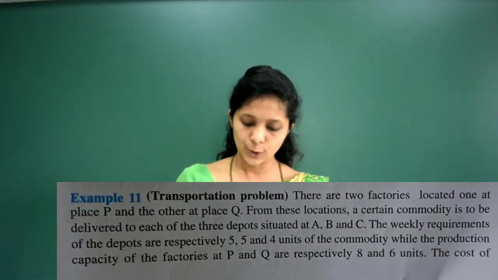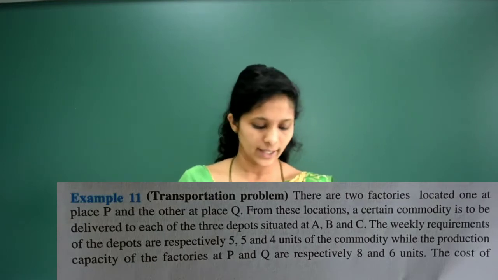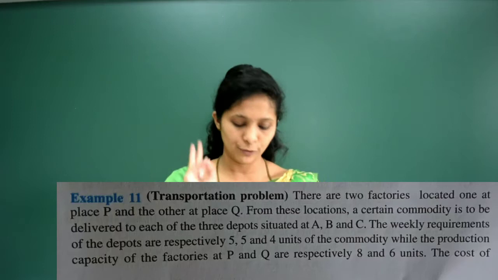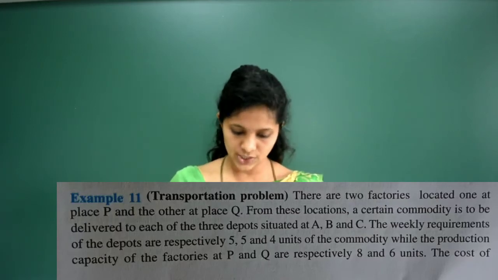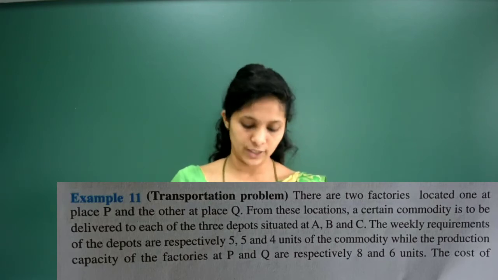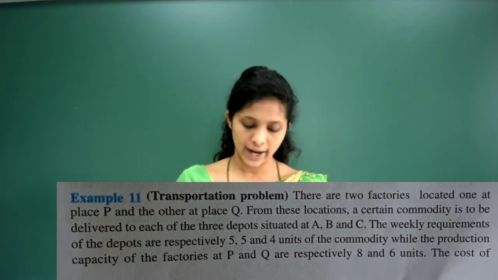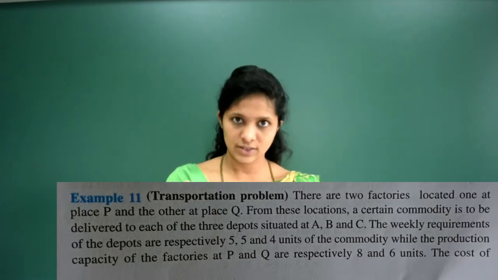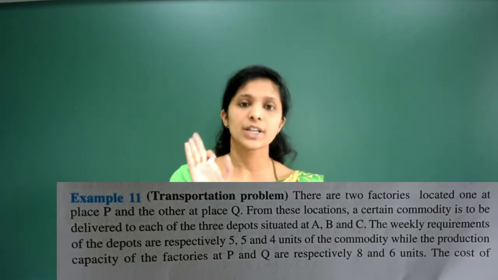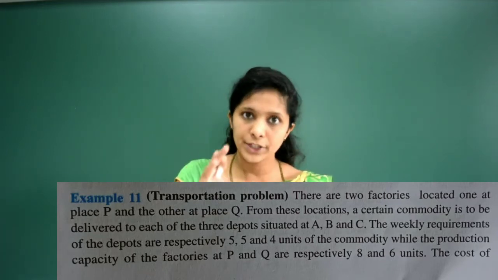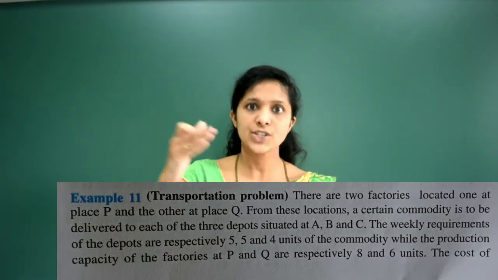There are two factories located, one at place P and the other at place Q. From these locations, a certain commodity is to be delivered to each of the three depots situated at A, B and C. So two factories and three depots are there, and a certain number of commodities should be delivered to each depot.